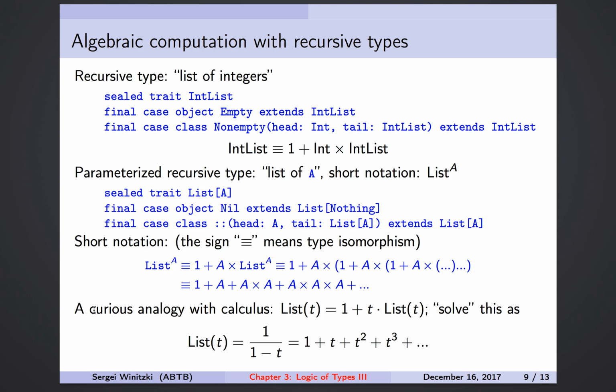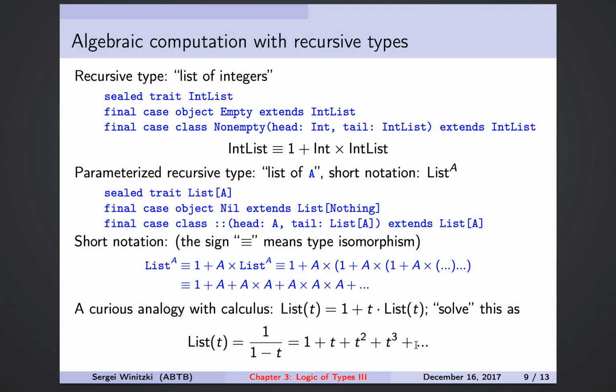And there's a curious analogy with calculus. So imagine you have a function list of t, and this function satisfies an equation of this sort. I'm replacing A with a real number here to have an analogy with calculus. We can solve this equation, and we have list of t equals 1 divided by 1 minus t, and we can expand this in a series, and we get very much the same expression as this, an infinite sum of all the powers of t.